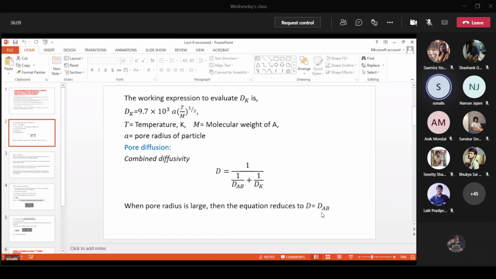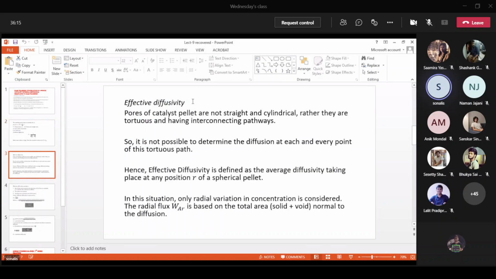Then effective diffusivity. This is another diffusivity, where the pores of the catalyst pellet are not straight and cylindrical. Till now, we were considering a catalyst particle having parallel and straight pores, and the pores are cylindrical in nature. But in practice, it is not.